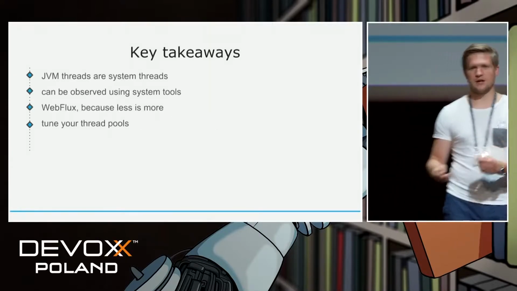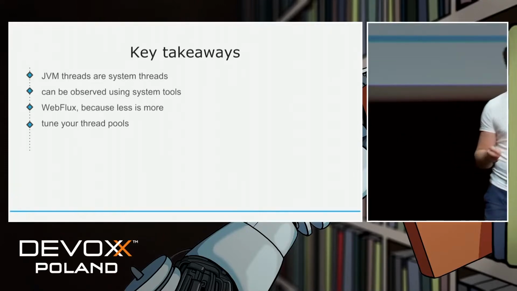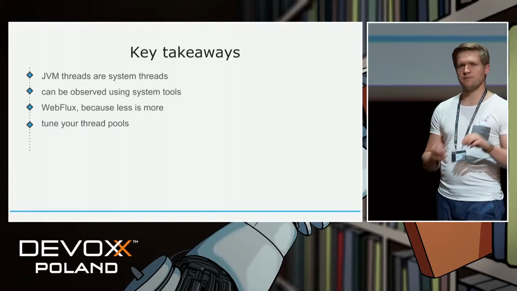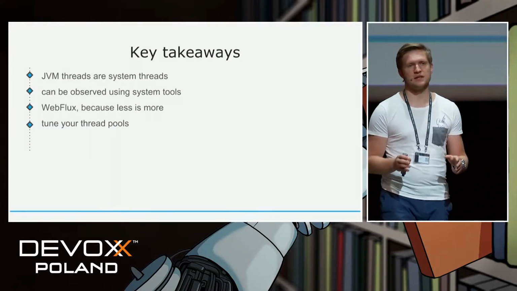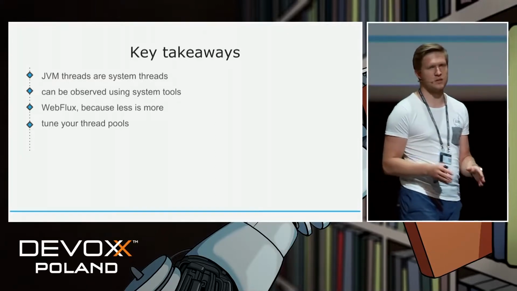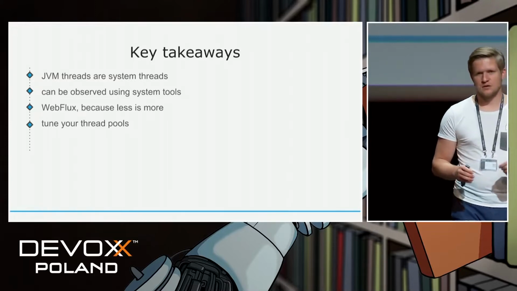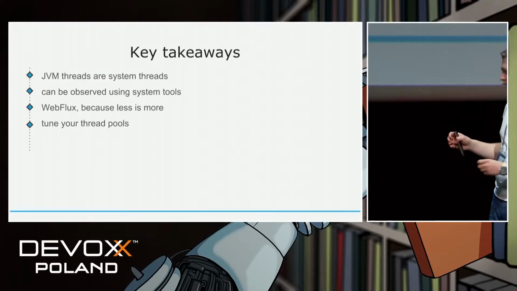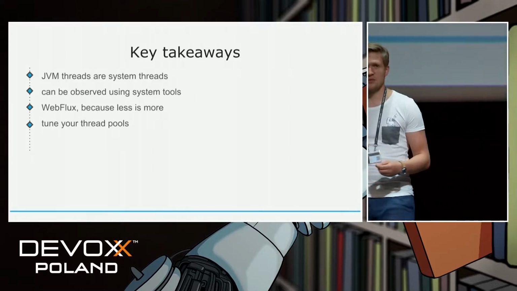So the key takeaways from my talk are: JVM threads are actually system threads. This means that we have amazing tools to reason about what's happening inside our JVM. We have a lot of system tools which can help us visualize and diagnose what's happening inside. We're moving towards things like WebFlux, which try to spawn fewer threads, because less is more.